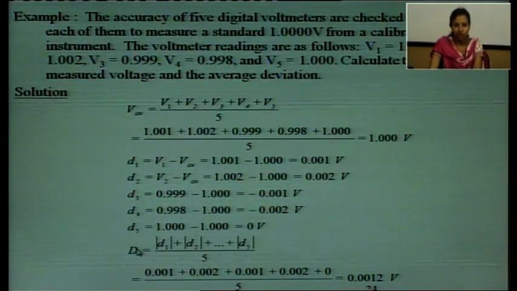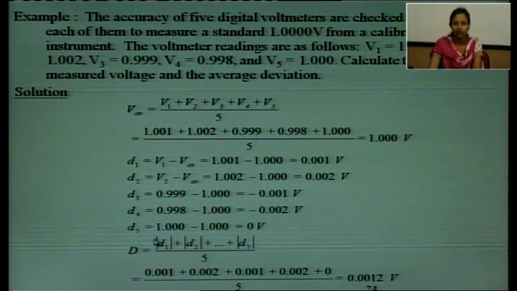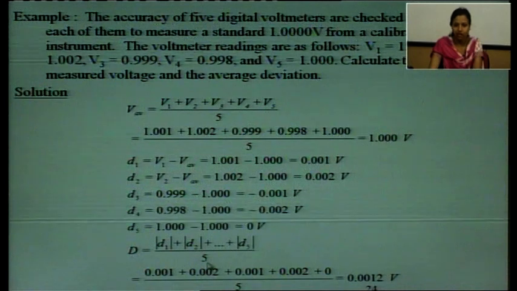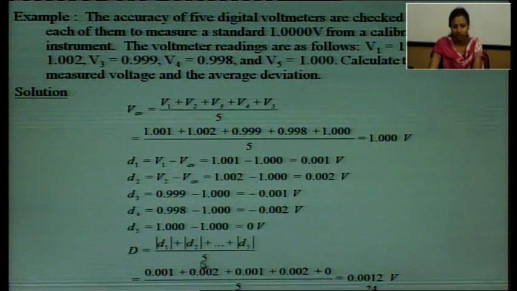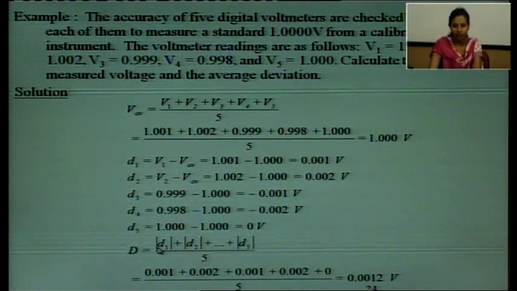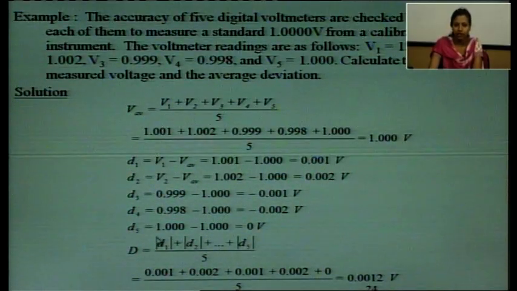The average deviation is simply the sum of these deviations divided by the number of measurements. Here the number of measurements is 5. One thing to note is that we take the absolute value.